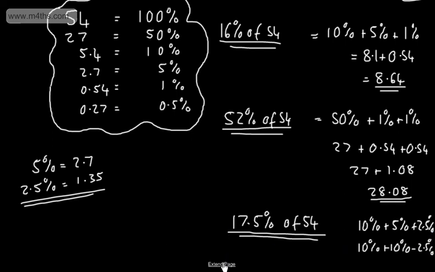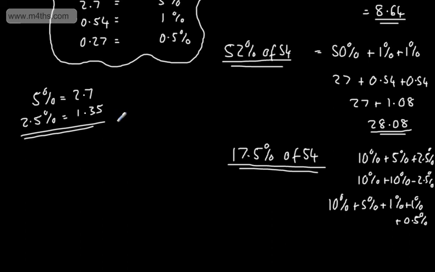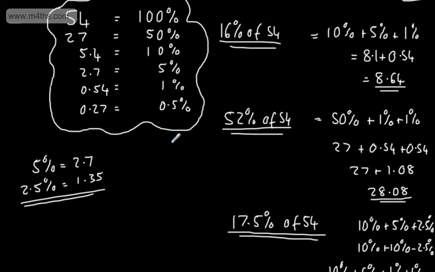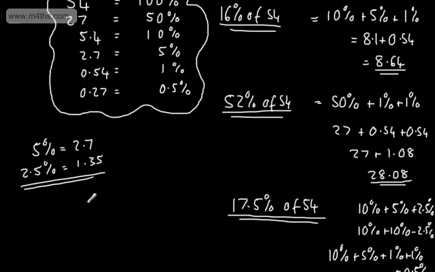Alternatively, if we didn't go that way, we could have said now this was 10% plus now the 5% plus 2%, so two lots of 1%, and then plus another 1% plus now the 0.5%. So lots of different ways that you could make that up. I'd be more inclined to go with now the 10, the 5, and now the 2.5. So all we'd have to do is simply add now the 2.5% to this quantity right here, and that's going to give us 9.45.